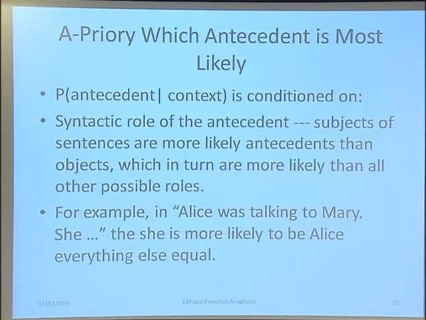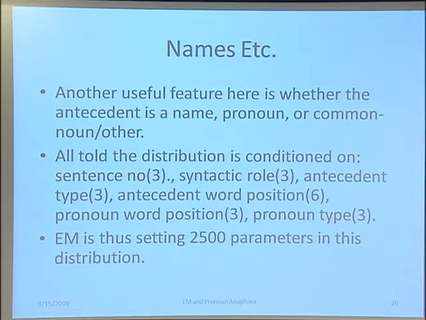There are lots of other things, however, that we might take into consideration. Is the antecedent a name? Things that are names are in general more likely to be antecedents of pronouns than things that aren't, because if you gave something a name, it's probably important to the story.